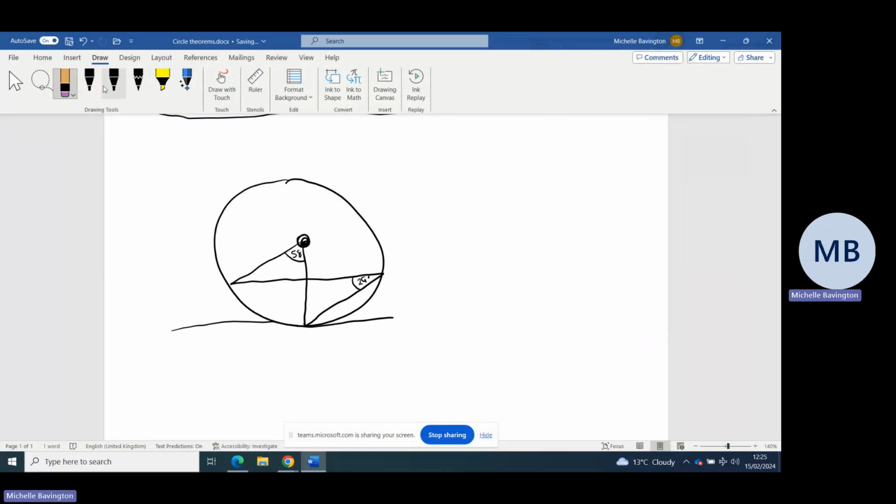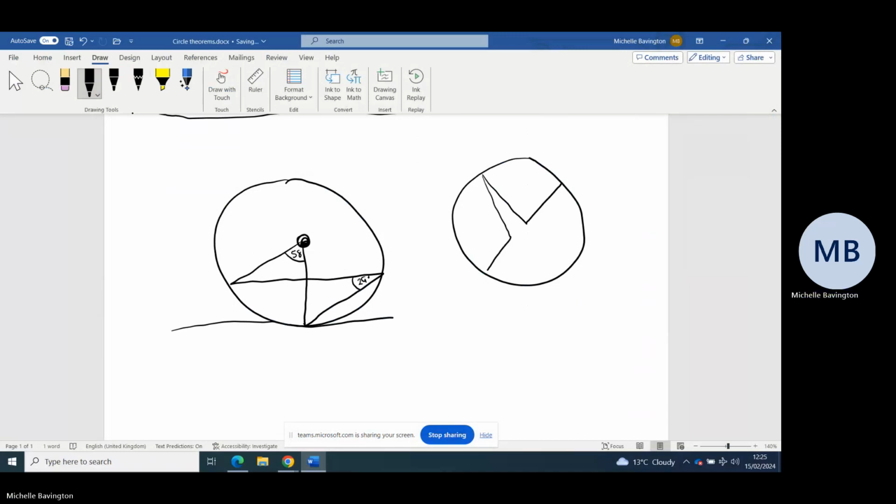The way to think about it is that shape there. Let me get my pen. Again, my circle, lovely. Not very good at drawing, you know this.